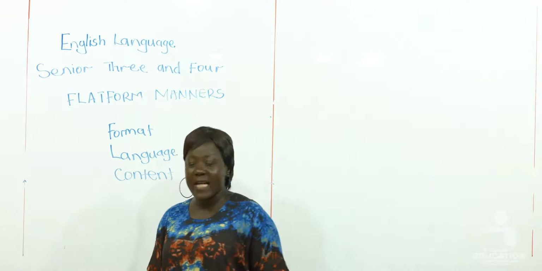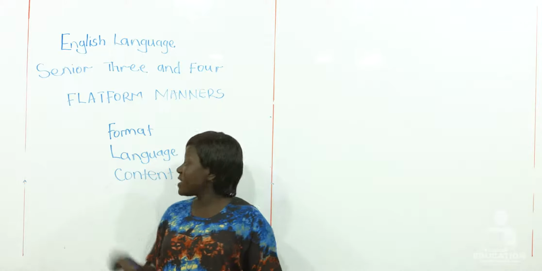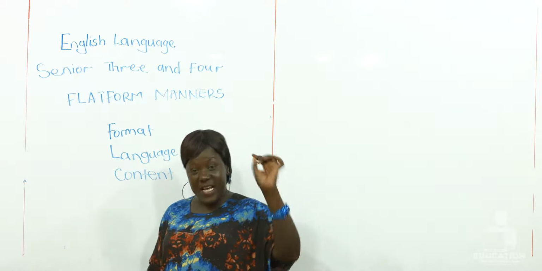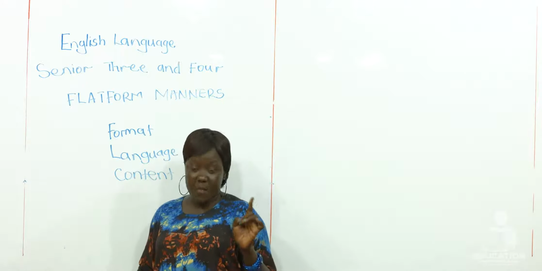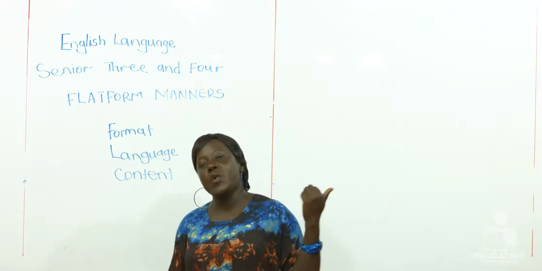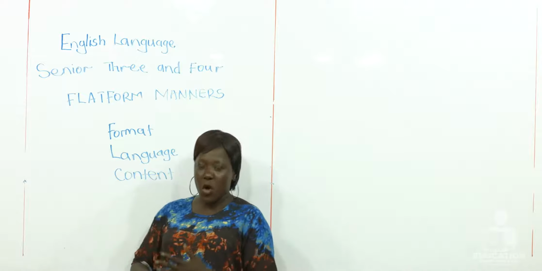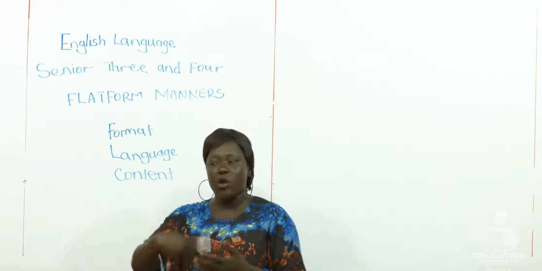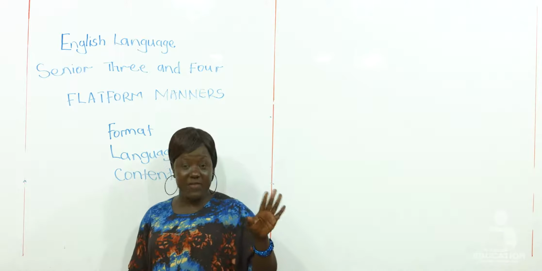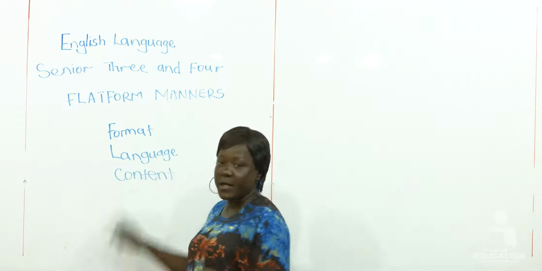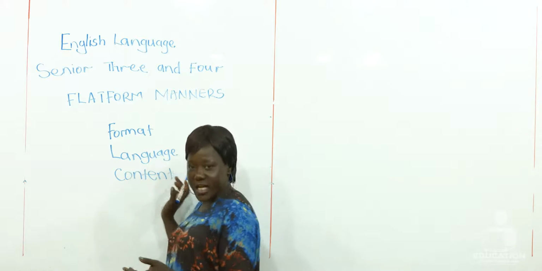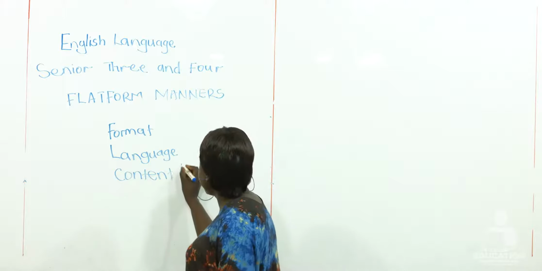Two, I told you that under language, the language of a speech must have present tense, but if you're referring to a flashback or the past, you will use past tense, or you will keep varying the tense according to the occasion. And I still promise you in our previous lesson, when we were looking at the language, that I will come back and teach you how to develop the content of a speech. That is the body of a speech.